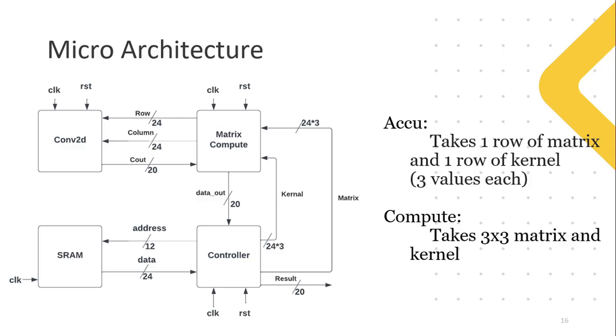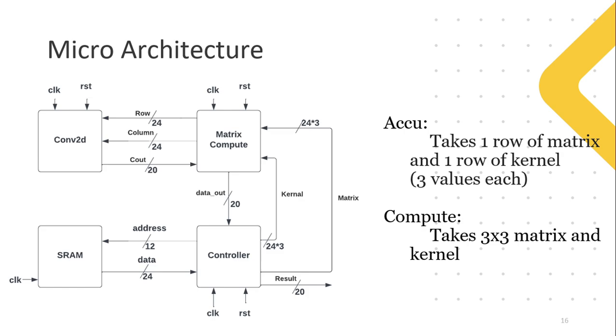The compute has some parallelism, with three copies of convolution, so in one cycle we can have the answer for a 3 by 3 matrix, and the results go back into the RAM. All of this is controlled by the controller: when to read the data, what data to compute right now, and at which part to write the data that has been computed.